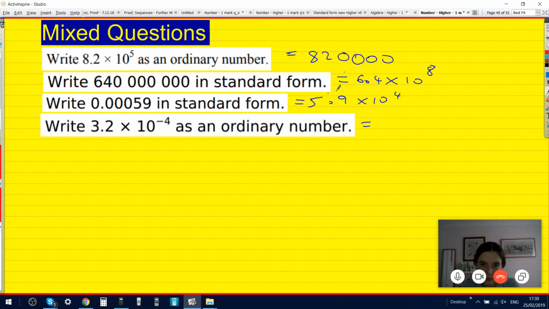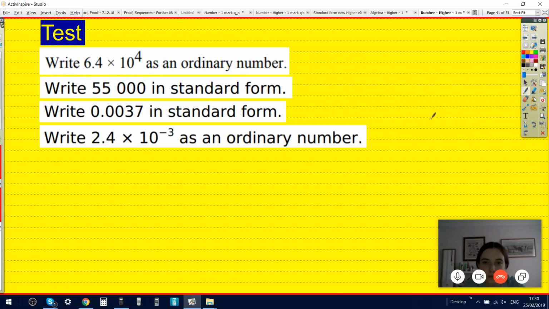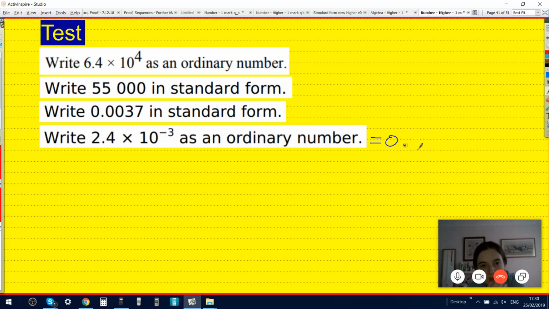That would be if it was 59000. Oh, minus 4. Yeah. 0.00032. And how about this last one? 0.0024. And second last. 3.7 times 10 to the minus 3. Yeah, so I need to swap that order around.